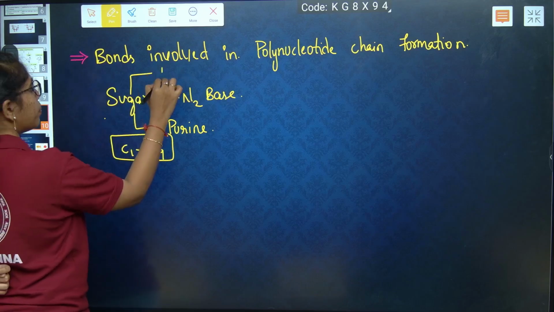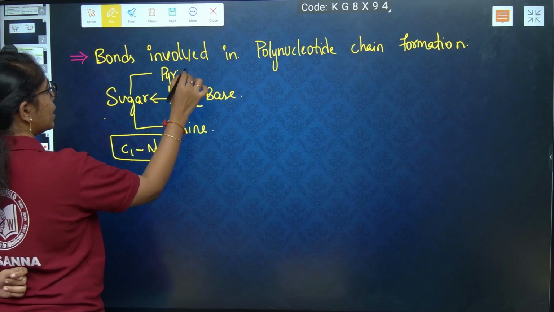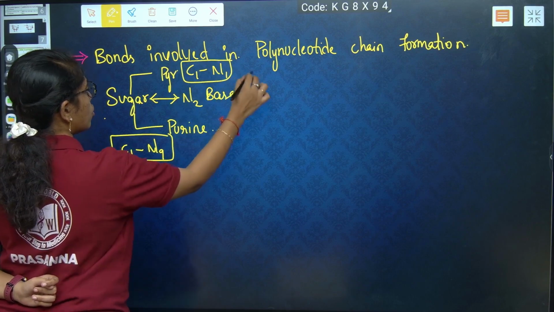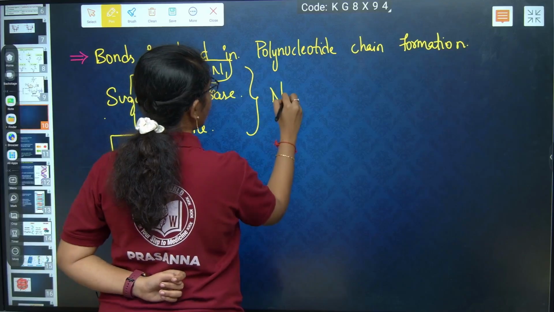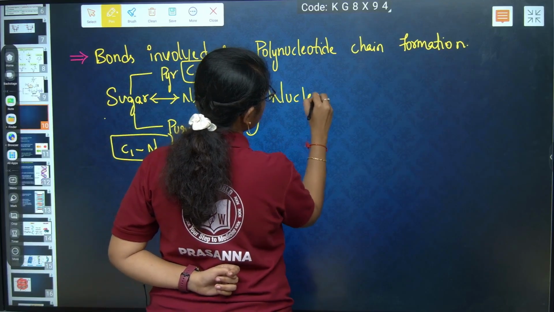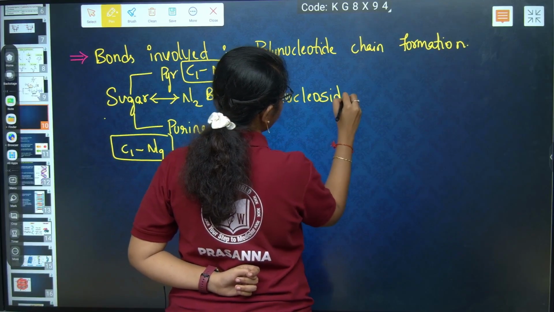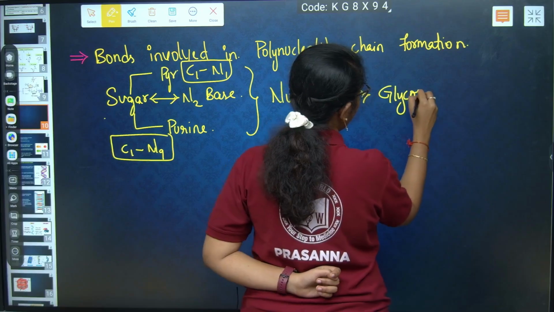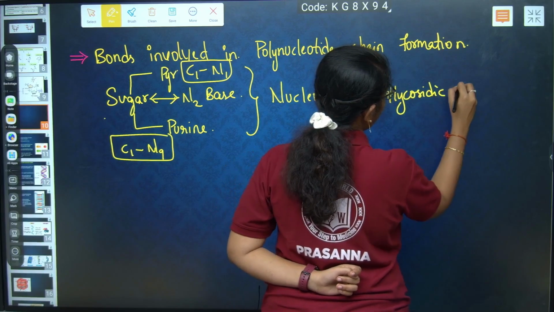If it is with a pyrimidine, it is a C1 and N1 glycosidic bond. So, a nucleoside includes a glycosidic bond. What bond? Glycosidic bond.